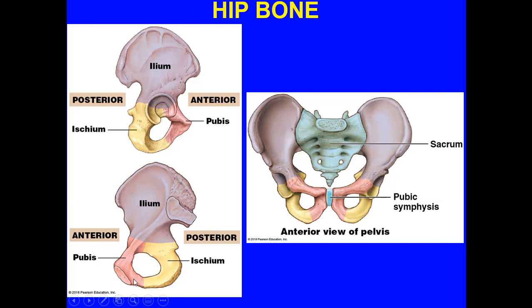In this part that's kind of light red, this is the pubis. You will note how these 3 bones contribute to the acetabulum, the site where the femur meets in to form a ball and socket joint right here. Okay?